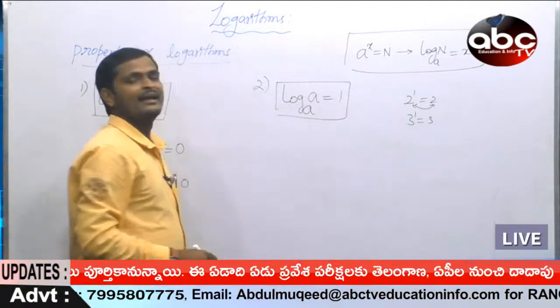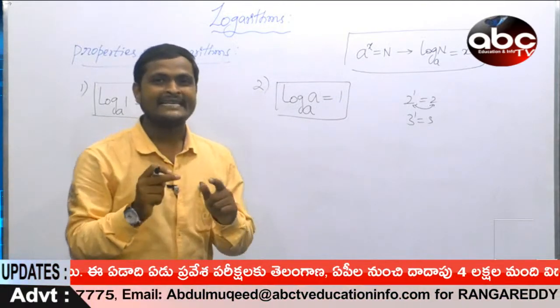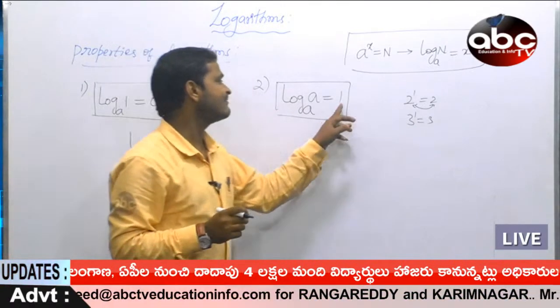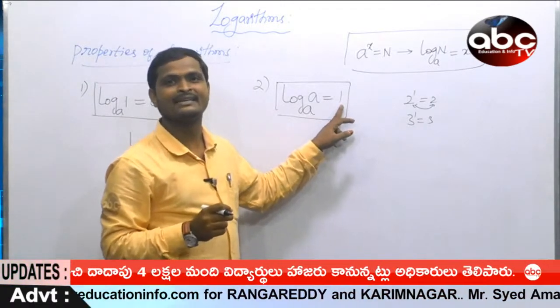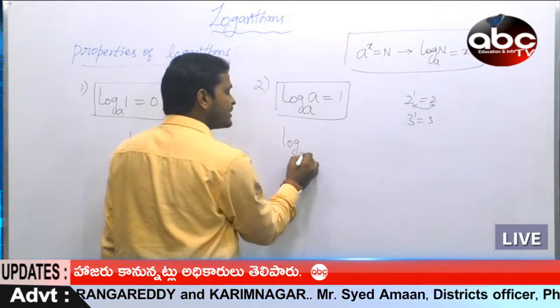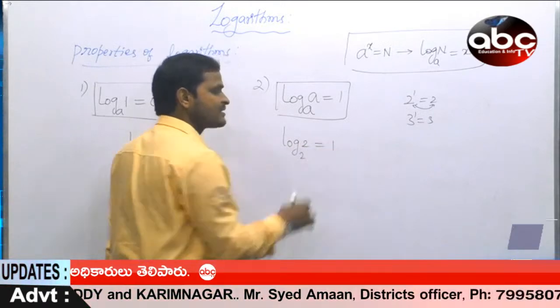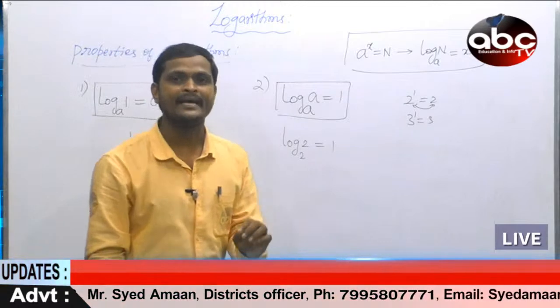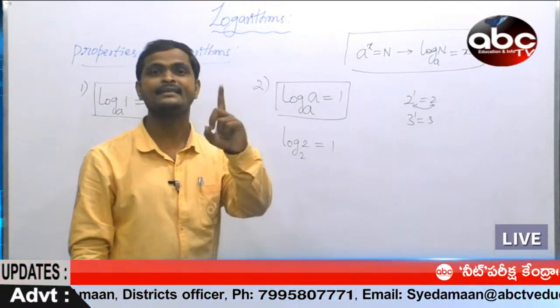Very simple. When the log base and the number are equal, then what is the answer? 1 here, right? Is it clear, students? For example, log 2 base 2. What is the answer? 1. When the number and base are equal, we get the answer 1.